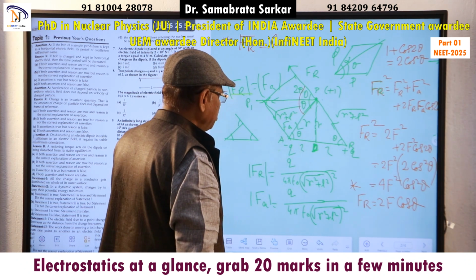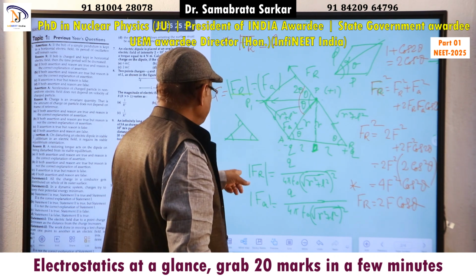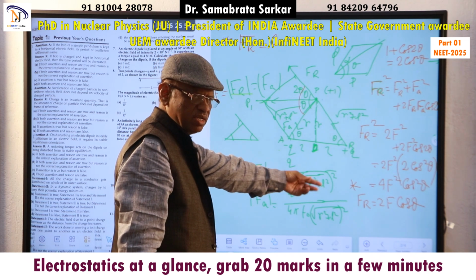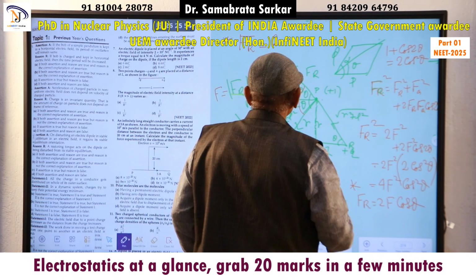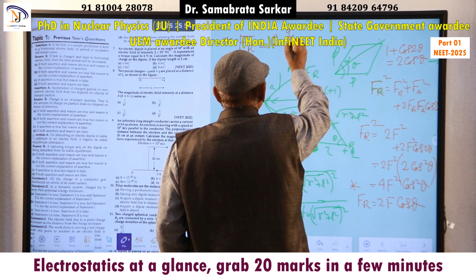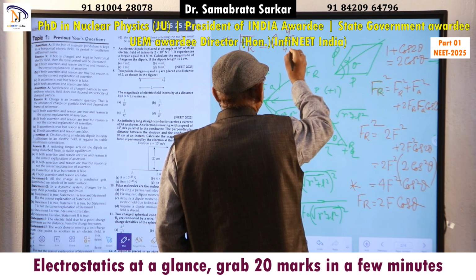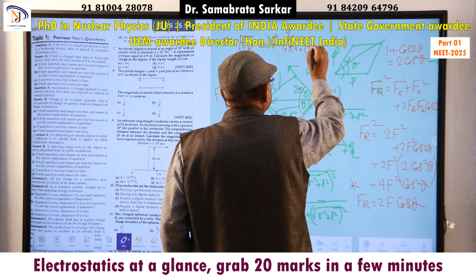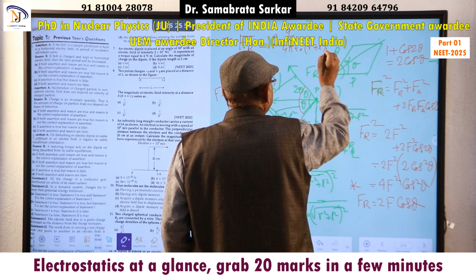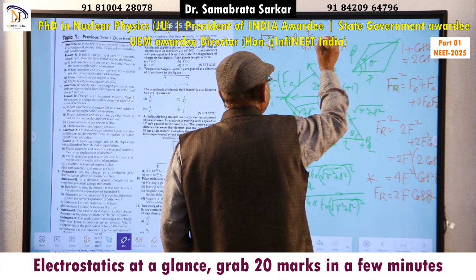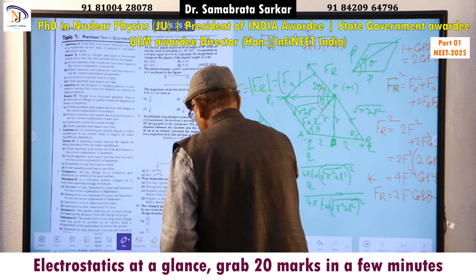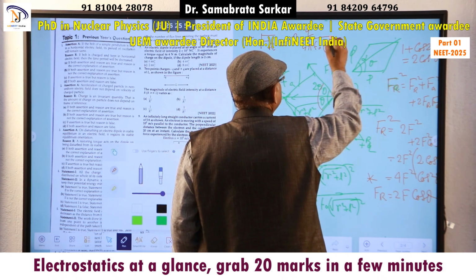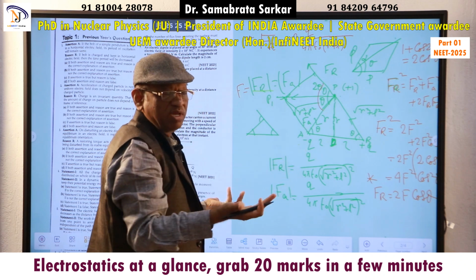F means this one, that means q by 4 pi epsilon naught and r squared plus L squared. Root means not L squared; root squared means only that will remain.